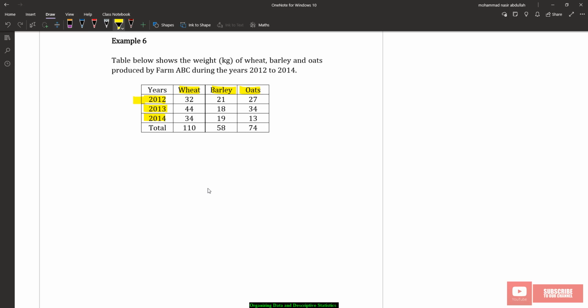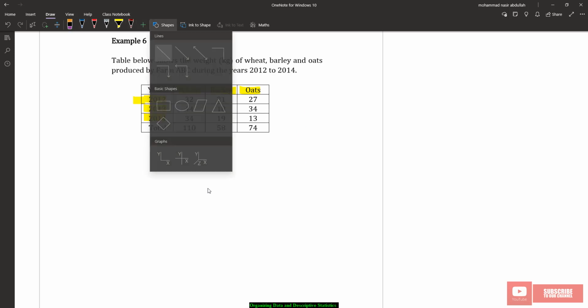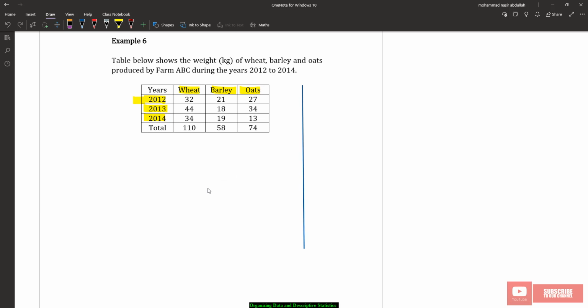So we can choose either to put wheat, barley and oats on the x-axis or years on the x-axis. Either one is fine, right? So now I make it this way. I will not use this one because it is not nice; I use this one, maybe it looks a bit nicer.